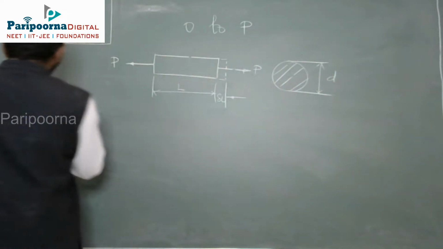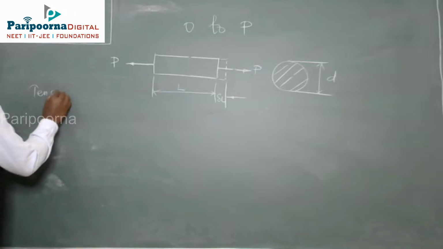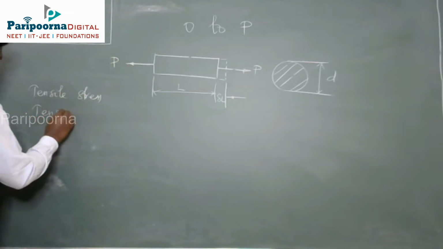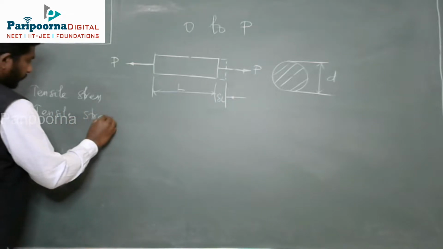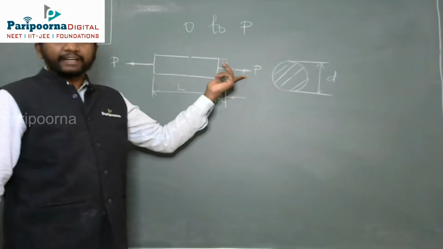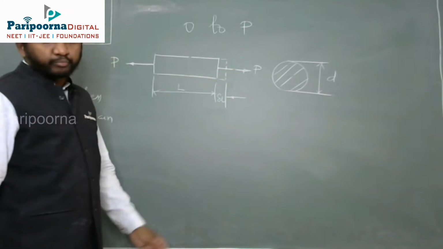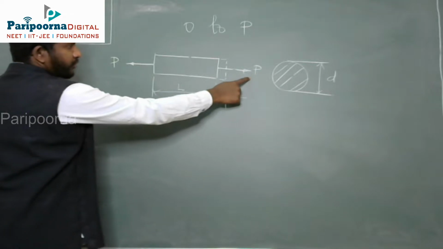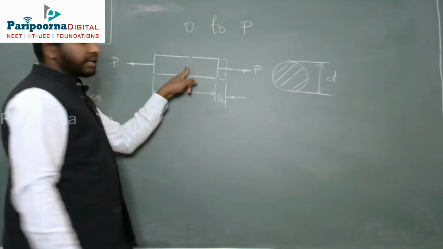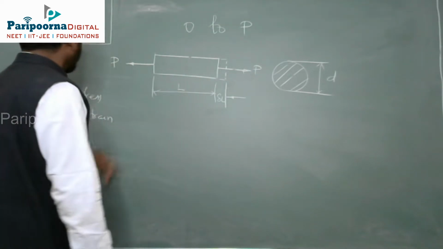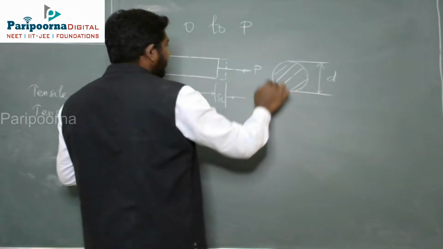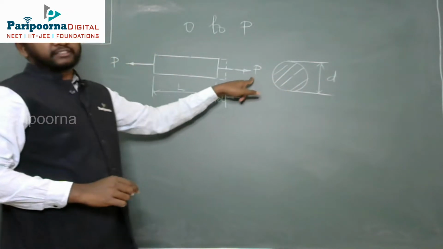Now we will discuss tensile stress and tensile strain. See, this is a cylindrical component. Again, it is subjected to tensile loading, two equal and opposite pulls. This magnitude P, this magnitude P, both are the same. Now, what is the stress? The stress induced in every cross section of the material is tensile stress, because this is tensile loading.